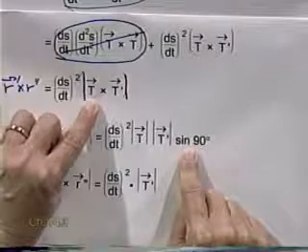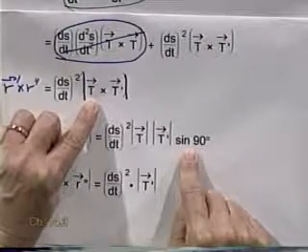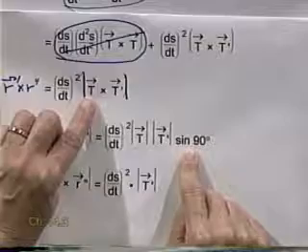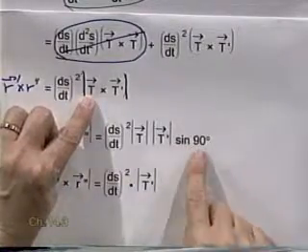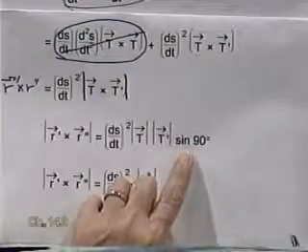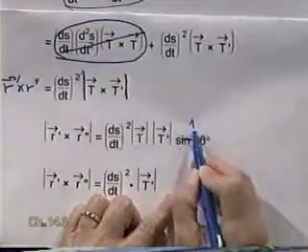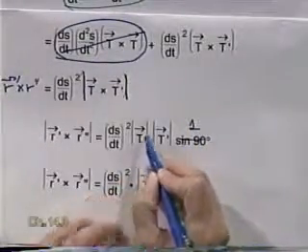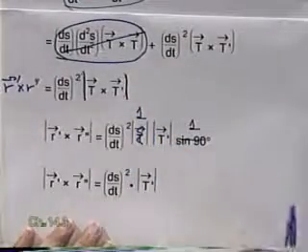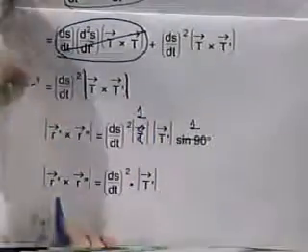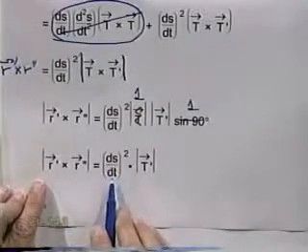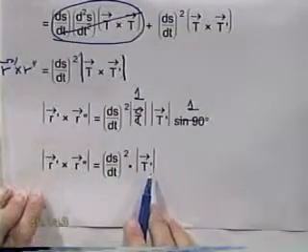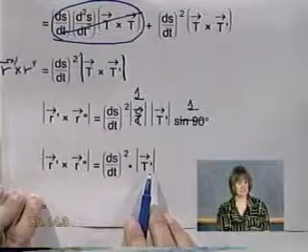And remember, we proved last time that when you have a vector of constant magnitude, its derivative is always perpendicular to it. We talked about moving around the circle. Okay, so that's sine of 90. Well, sine of 90 is 1, and the magnitude of T is 1. So look what I've got here. The magnitude of r prime cross r double prime is equal to (ds/dt) squared times the magnitude of T prime.